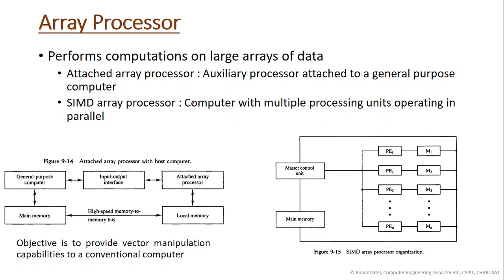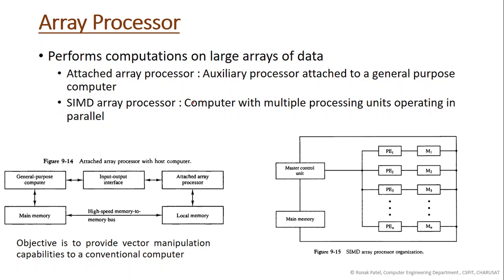Now next is array processor. What we have seen in vector processing is how to efficiently use the pipeline. Rather than fetching the instruction multiple times, in vector processing we were just giving one instruction with a base address and destination address.